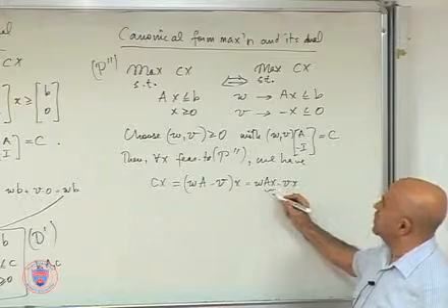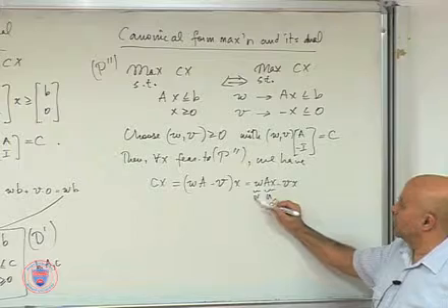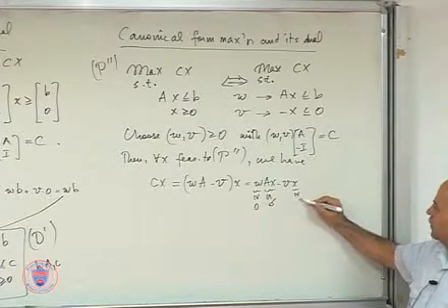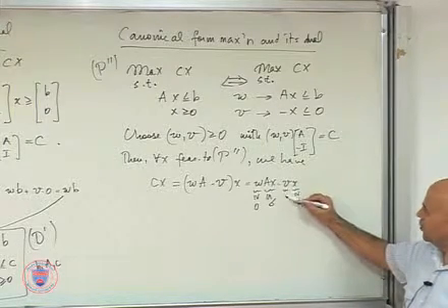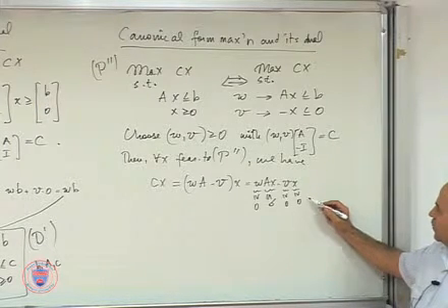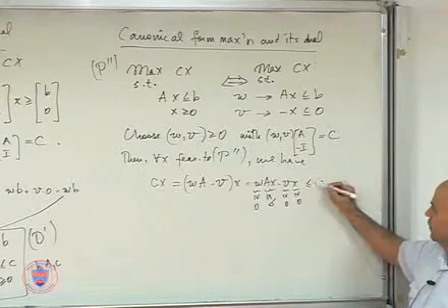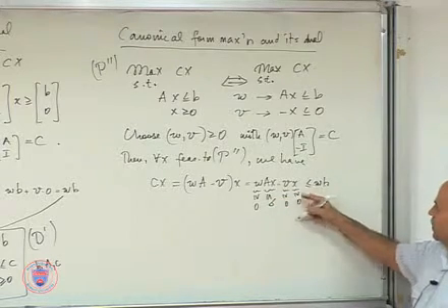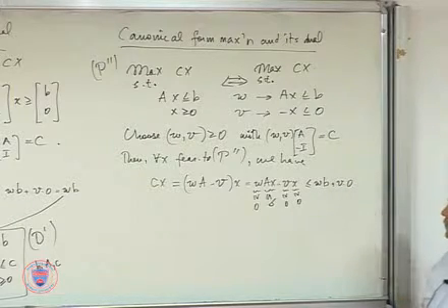Now Ax is less than or equal to B here, W is non-negative. X is non-negative, or minus x is non-positive. And V is also non-negative. So this will give you less than or equal to W times B plus V times 0.